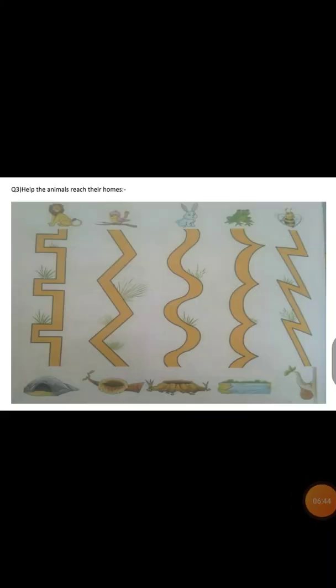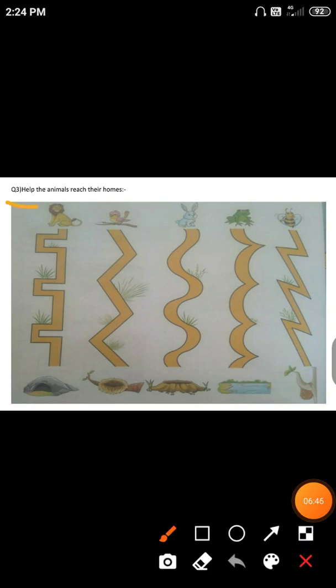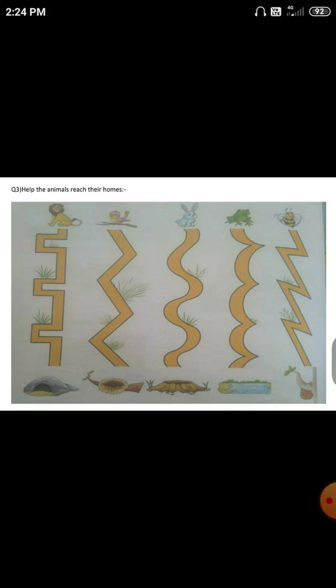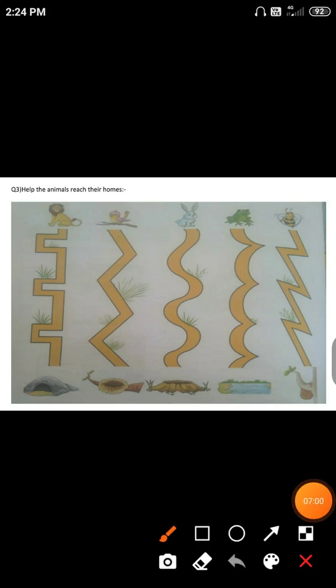Then next, see the heading, help the animals reach their homes. For example, the lion is here and the lion's home is here. So you have to trace with your pencil and reach their homes.